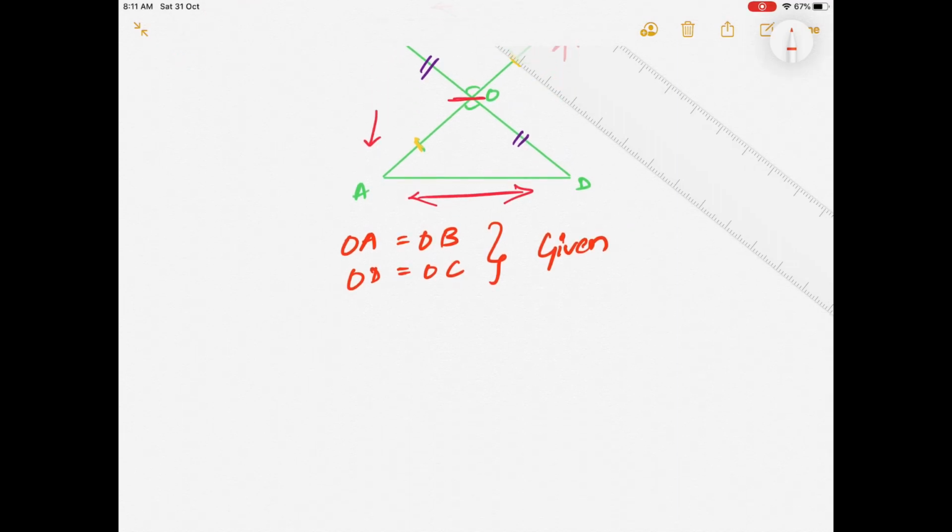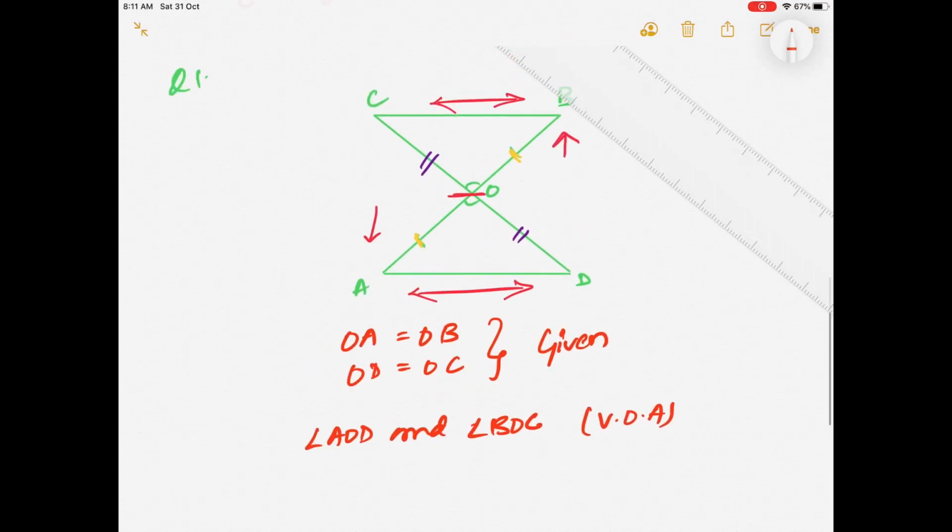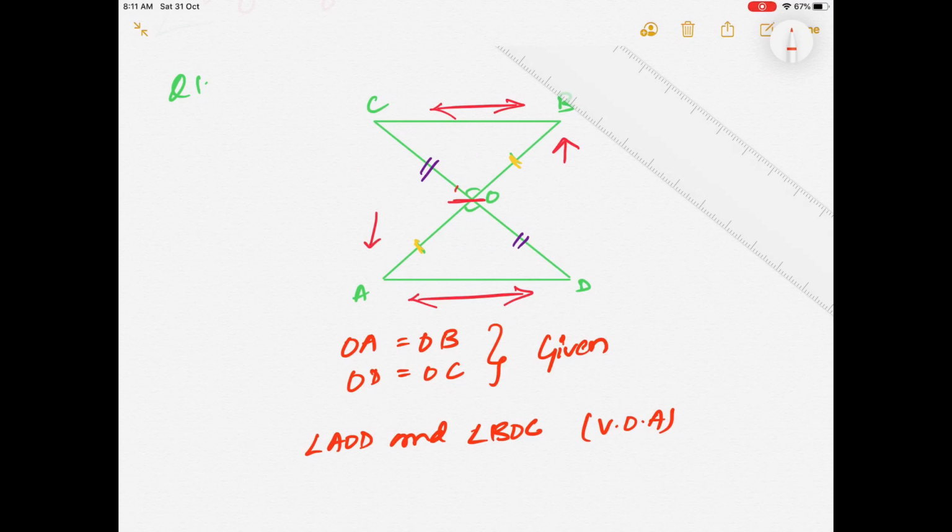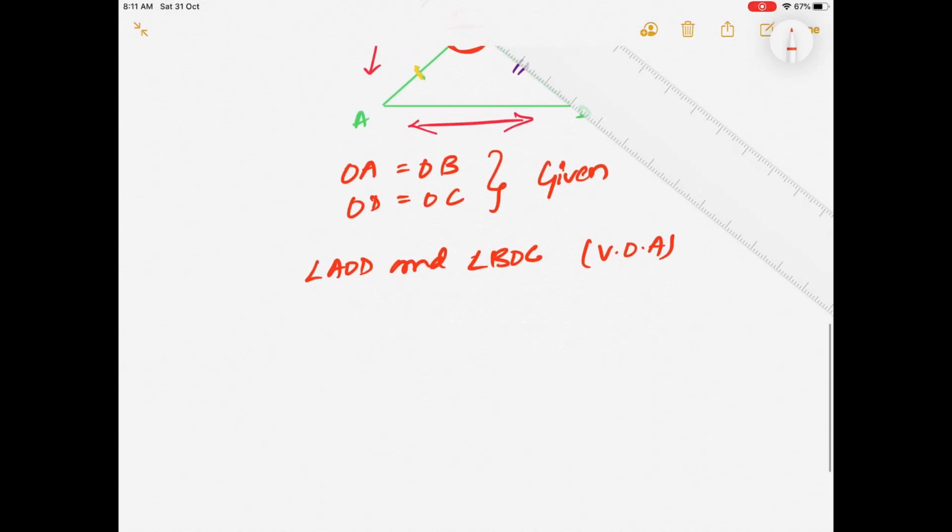Now also, triangle AOD and triangle BOC form a pair of vertically opposite angles. This angle BOC and this angle AOD are vertically opposite angles, so these angles will be equal to each other.